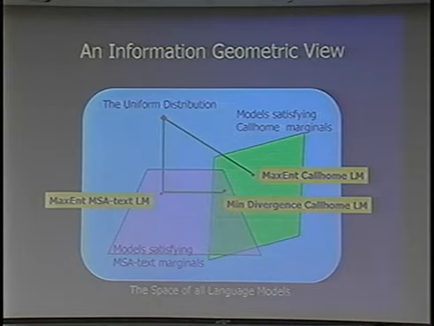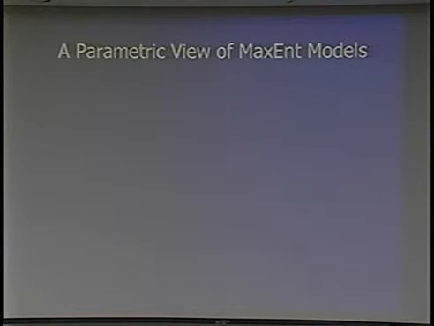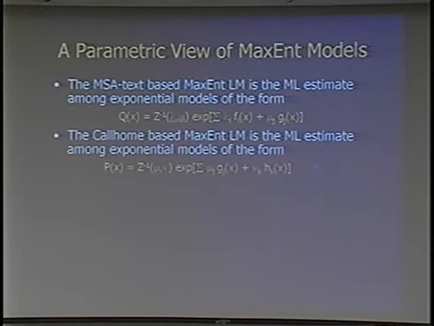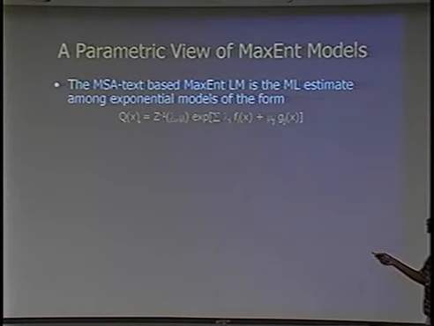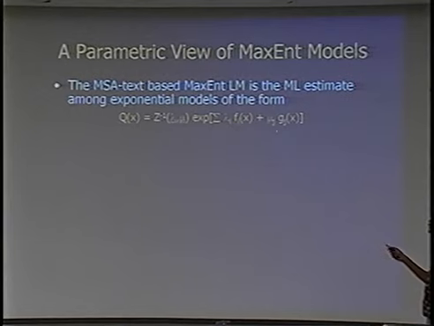Now let us see the parametric equations of this model. Now we know that the maximum entropy model is also the maximum likelihood model among the exponential model family. So our modern standard Arabic model can be represented in this exponential form, where f and g are the factors of the model, and lambda and mu represent the corresponding weights, and Z is the normalizing factor.